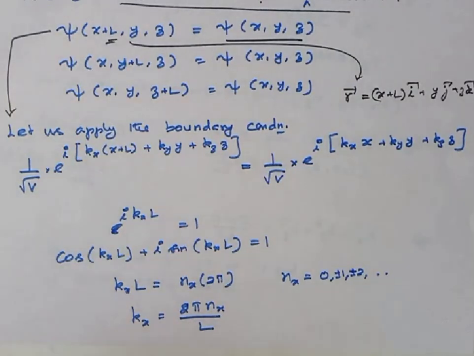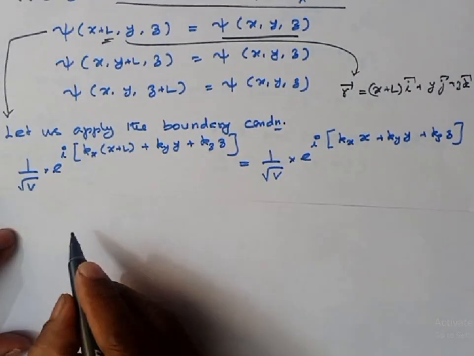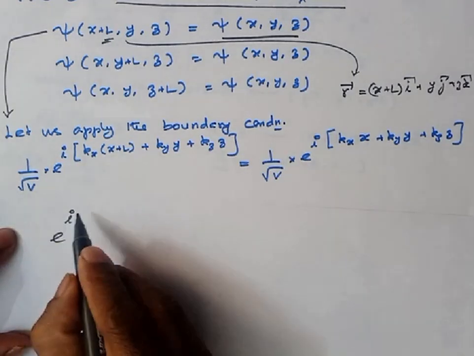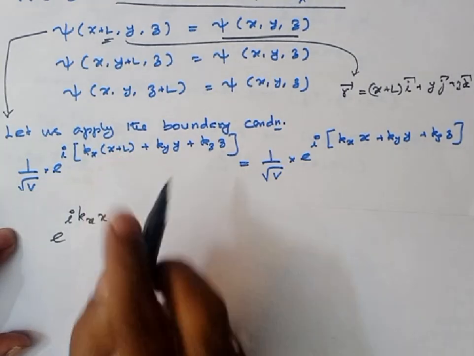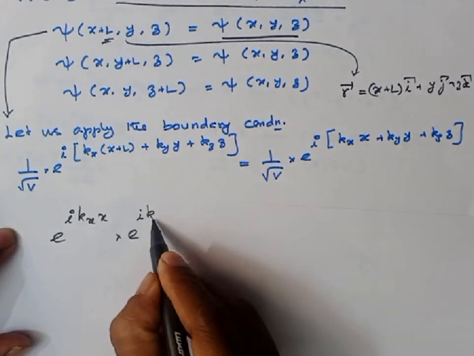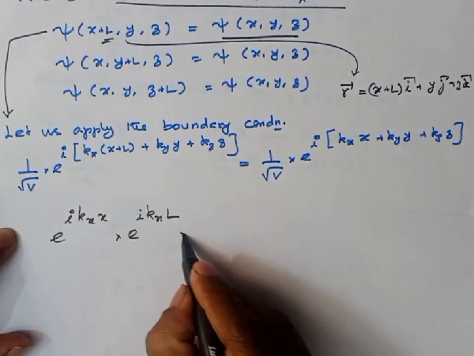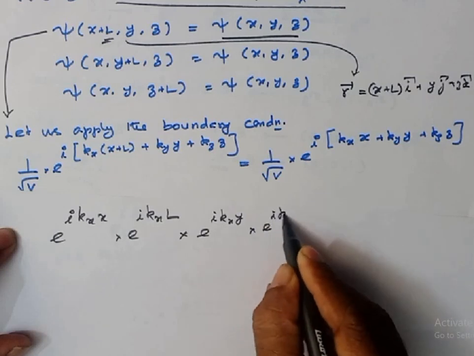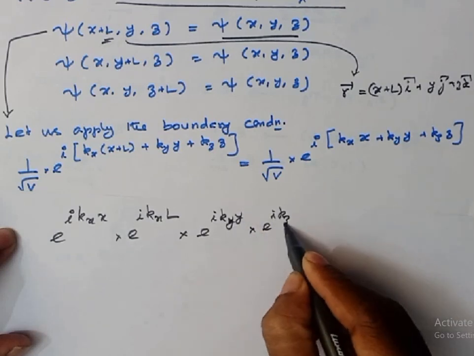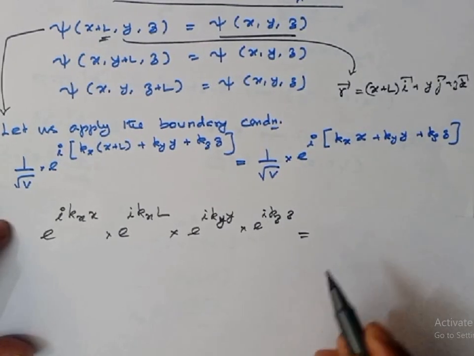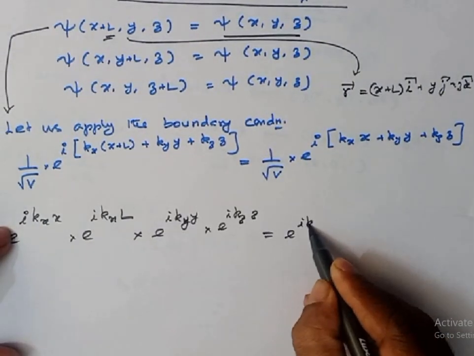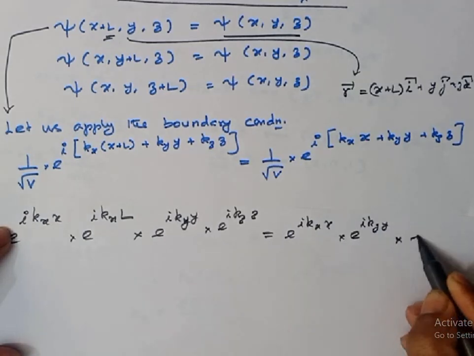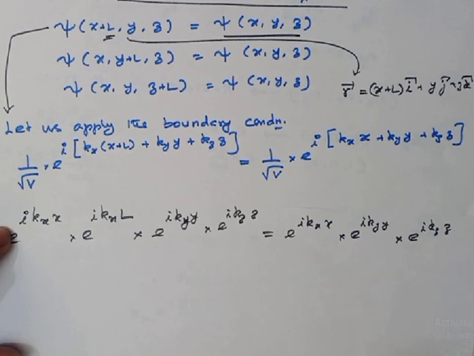Cancelling 1 by square root of V, you can separate this as e power i kx x into e power i kx L, and e power i ky y into e power i kz z. On the right hand side we have e power i kx x into e power i ky y into e power i kz z. You can separate like this.